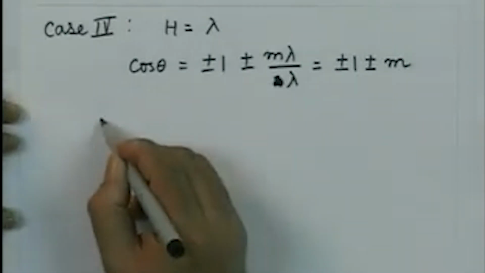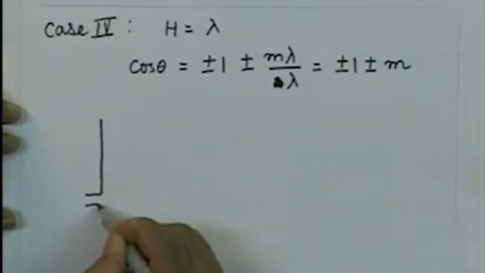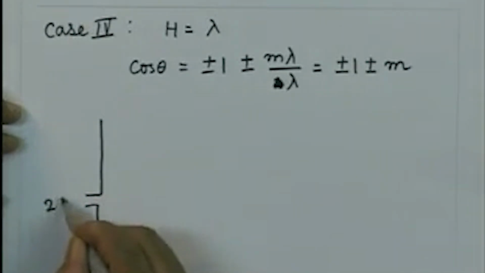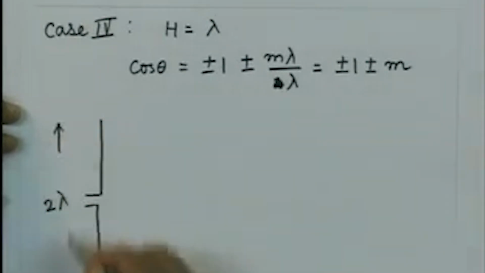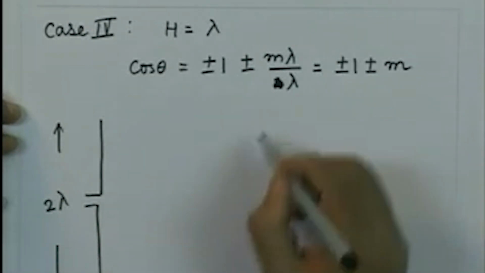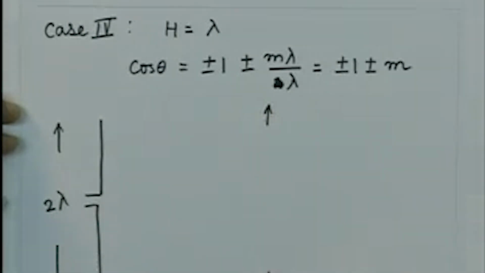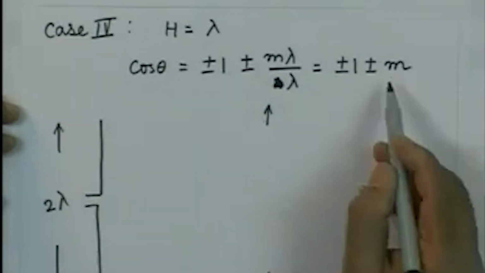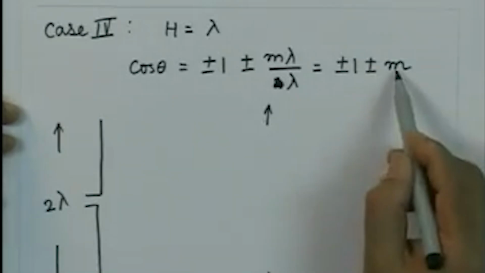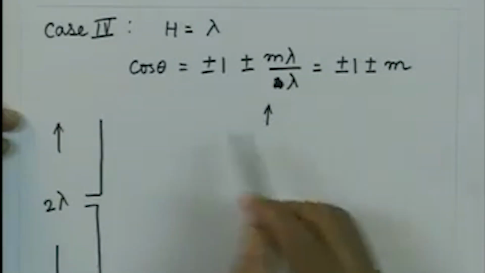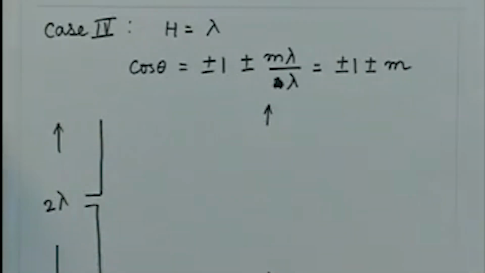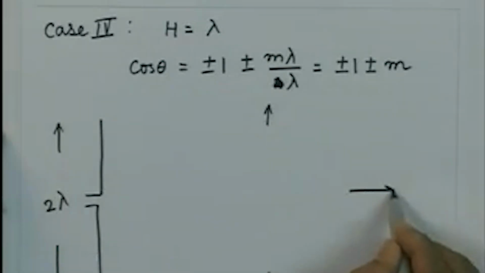Now when the dipole length has become 2 lambda, I again get 2 nulls in this direction, but now there is one null coming here corresponding to when this quantity goes to 0, that means theta becomes equal to pi by 2. So I got one more null in this direction.